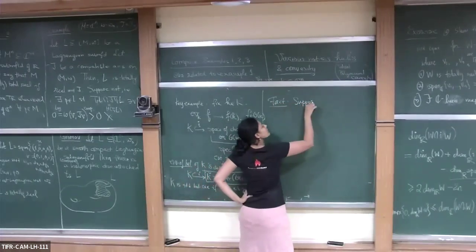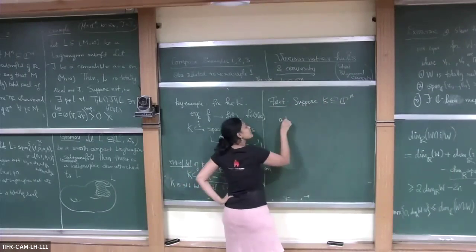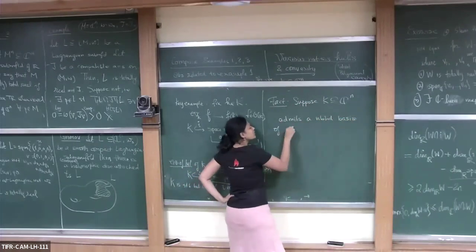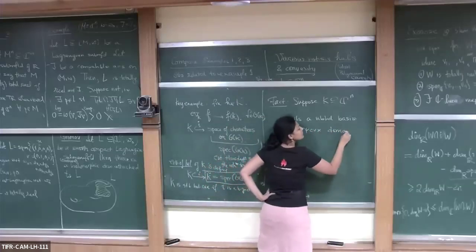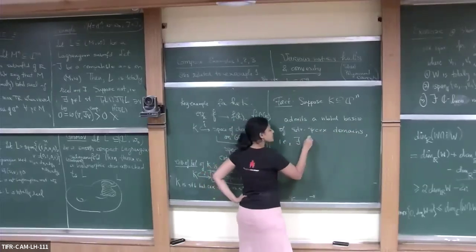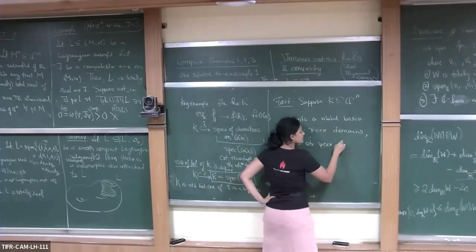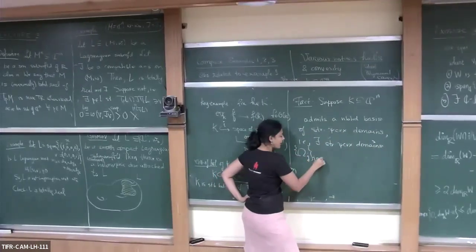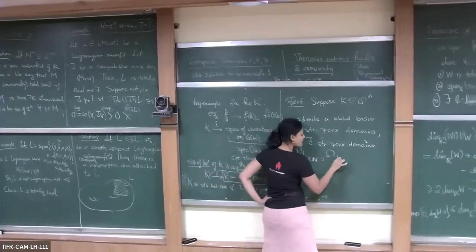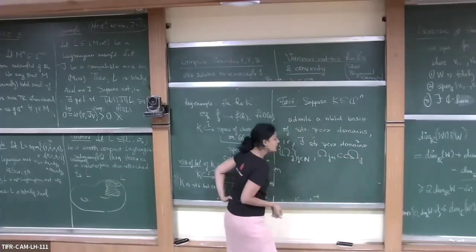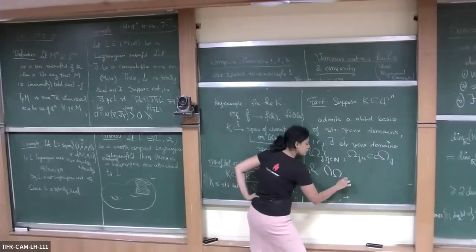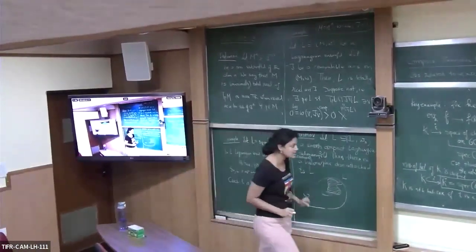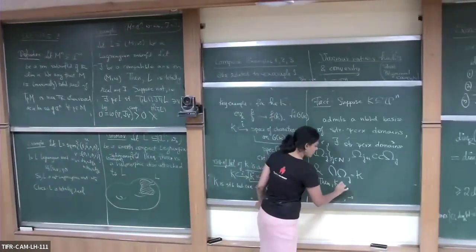Suppose K in Cn admits a neighborhood basis of strongly pseudo-convex domains, i.e. there exist strongly pseudo-convex domains omega j, indexed by natural numbers, such that omega j plus 1 is compactly contained in omega j, and the intersection of these domains gives you precisely the set K. So if you can write K as the intersection of a nested family of strongly pseudo-convex domains, then K is holomorphically convex.